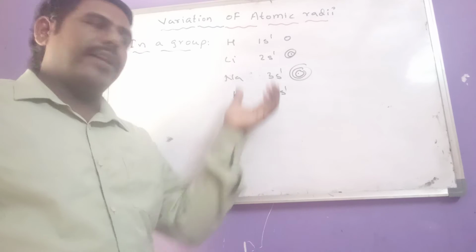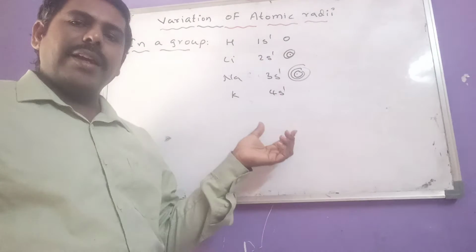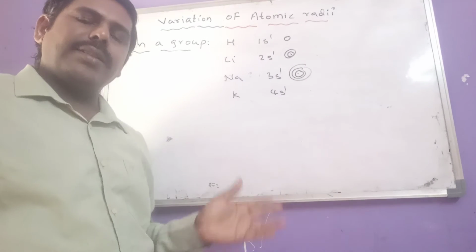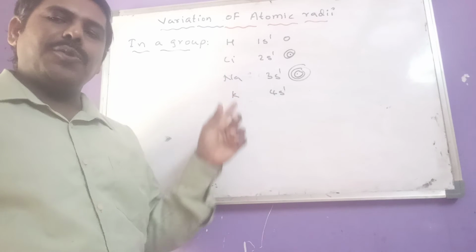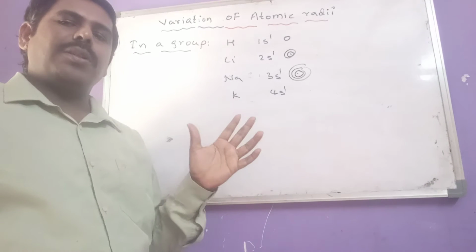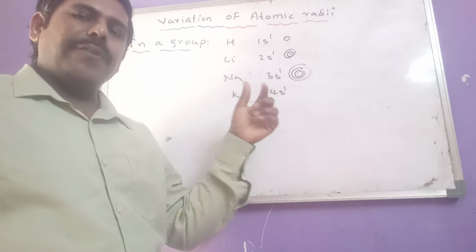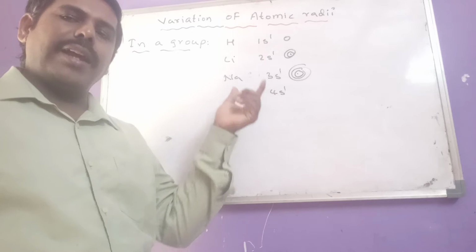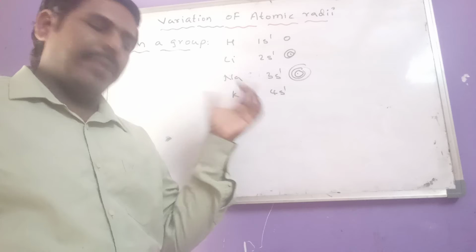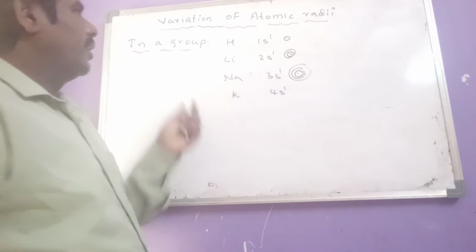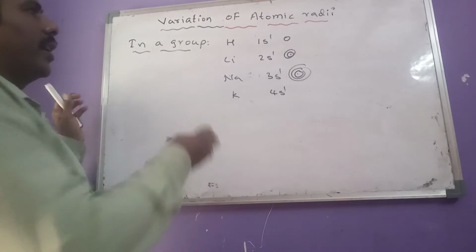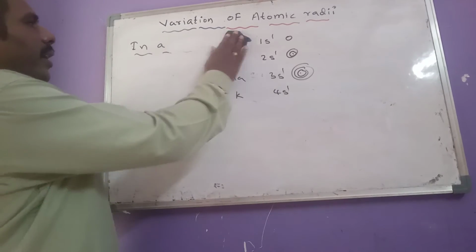So atomic radius and atomic size increase from top to bottom in every group, because in each and every element the differentiating electron enters a new orbit. So this is the variation of atomic radius in a group.